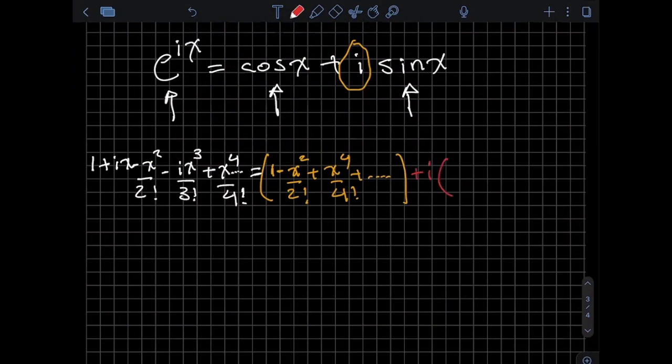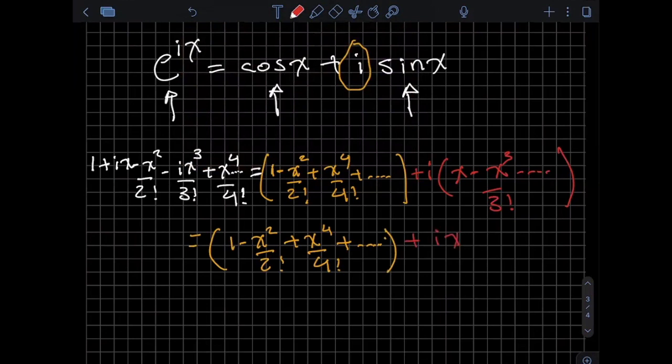Plus i times x minus x cubed over 3 factorial, and so on. This will be equal to 1 minus x squared over 2 factorial plus x to the power of 4 over 4 factorial plus, and so on, plus ix minus ix cubed over 3 factorial, and so on.